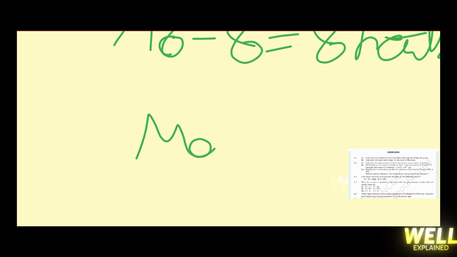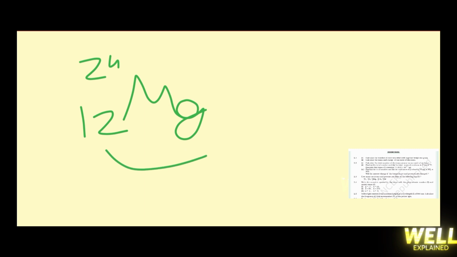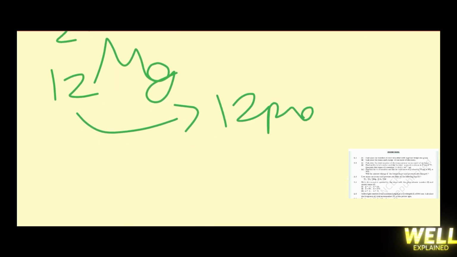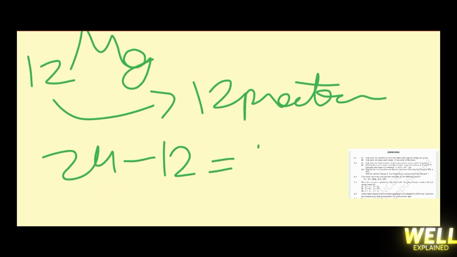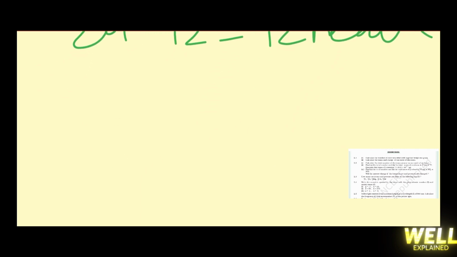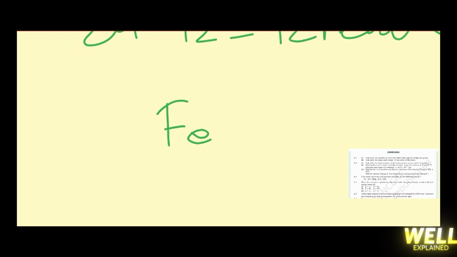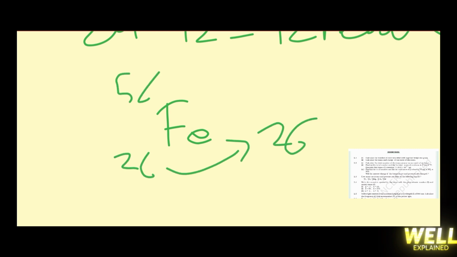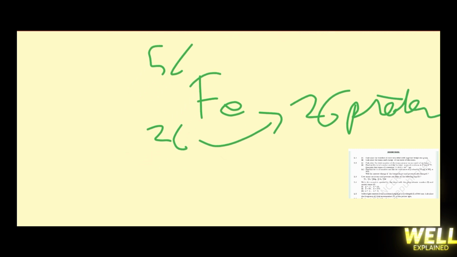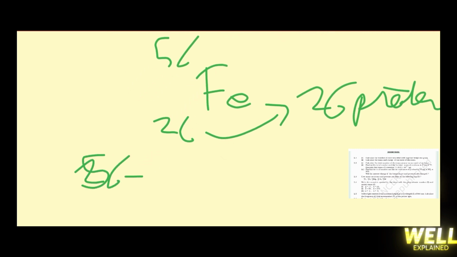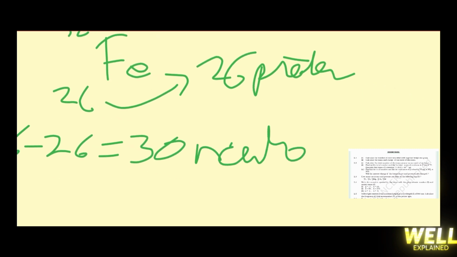Then for magnesium, 24 and 12, again it will have 12 protons, and 24 minus 12 neutrons, that is 12 neutrons. Then I have iron, 26, 56. So there are 26 protons, and 56 minus 26 equal to 30 neutrons.